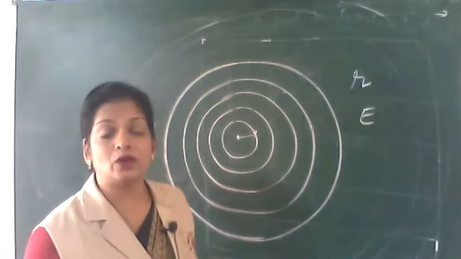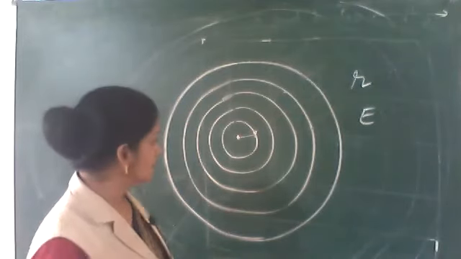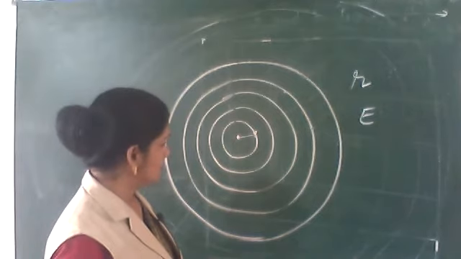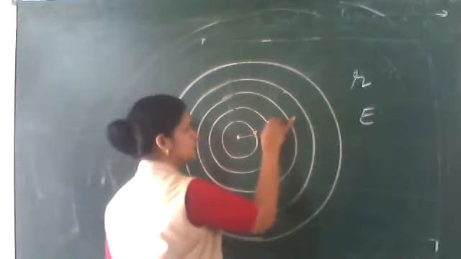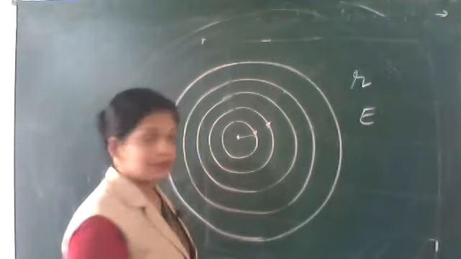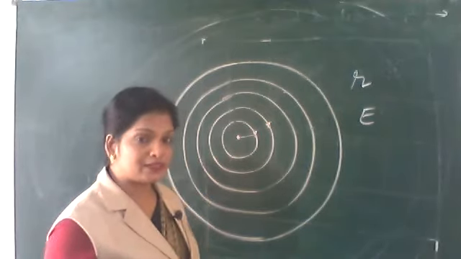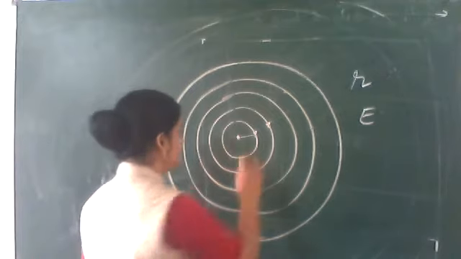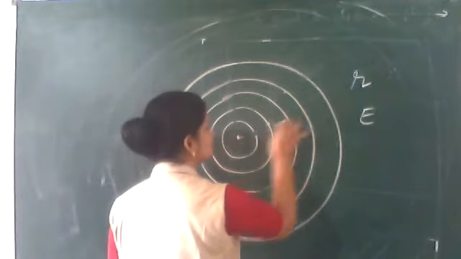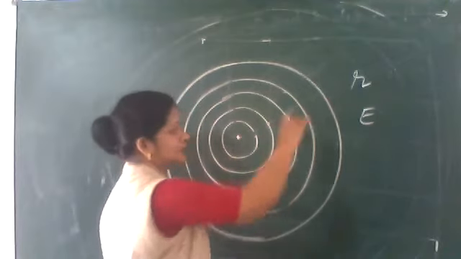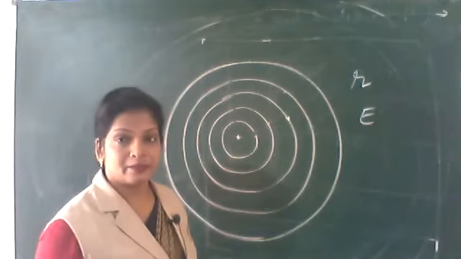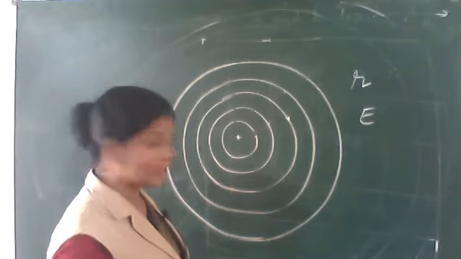This radius is called Bohr radius. If the electron is present here, then the radius of that orbit is higher, and its energy will be higher. If the electron is present here, the radius of that orbit is again increased, meaning the energy of that electron is increased.